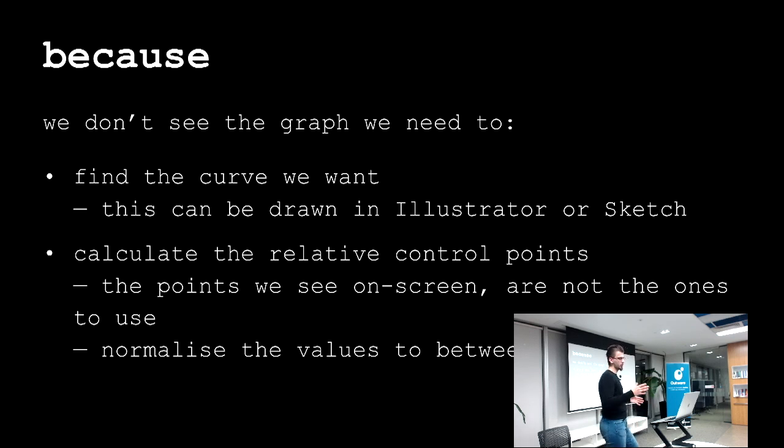But once you've drawn your curve in Illustrator, Photoshop, whatever, you have to figure out what the relative control points are. You want to normalize those values between 0 and 1, because what you see on screen is not what's actually going to work in code.